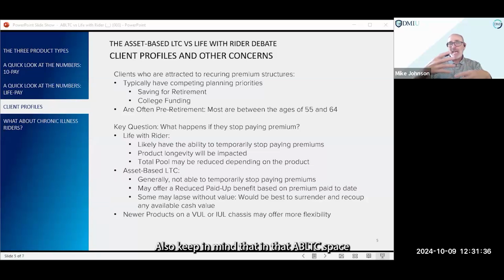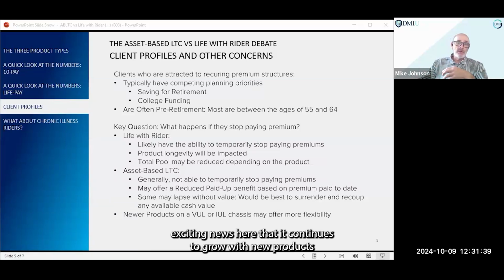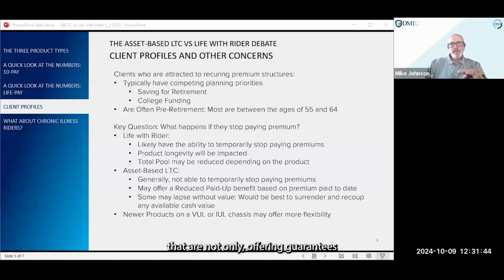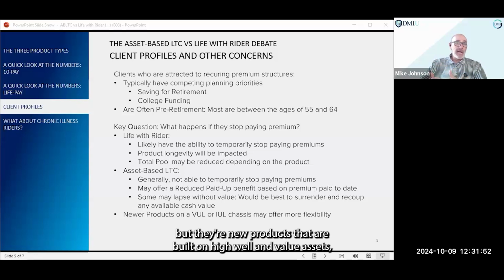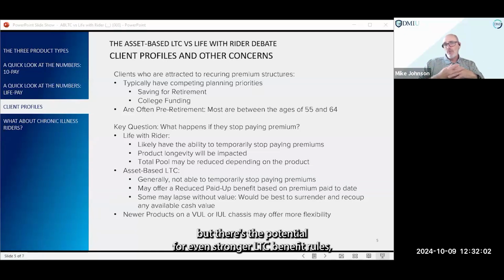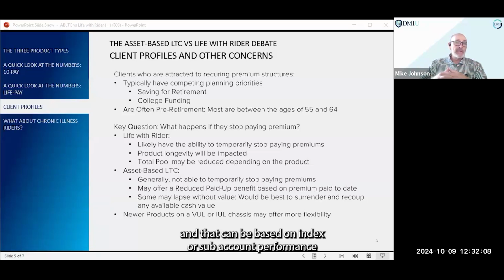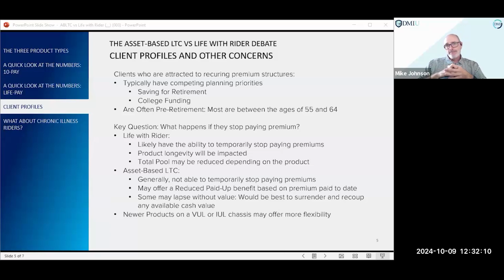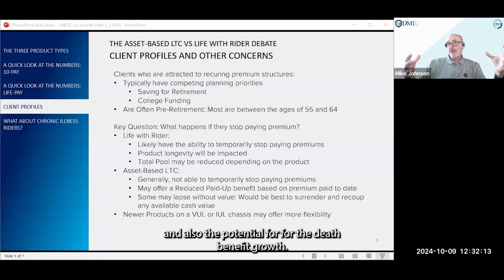Also, keep in mind that in that ABLTC space, exciting news here that it continues to grow with new products that are not only offering guarantees of keeping premiums level and fixed without increases, but they're new products built on IUL and VUL chassis that can not only offer that guaranteed component of the premiums and the LTC benefits, but there's the potential for even stronger LTC benefit pools, and that can be based on index or sub-account performance, and also the potential for the death benefit growth.